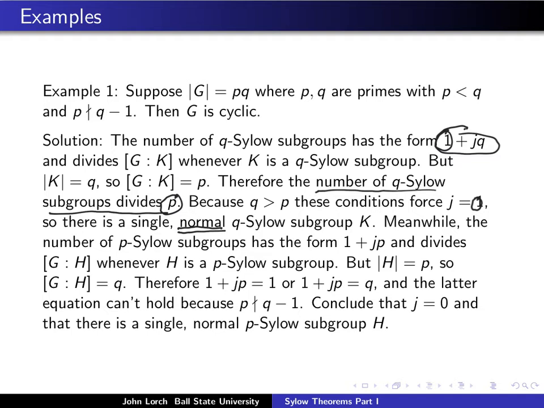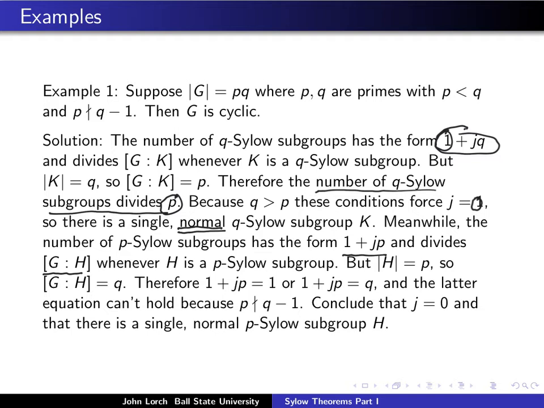Okay, and now we can address the P Sylow subgroups. So the number of those by the third Sylow theorem must be 1 plus JP, and dividing the index of H in G whenever H is a P Sylow subgroup.